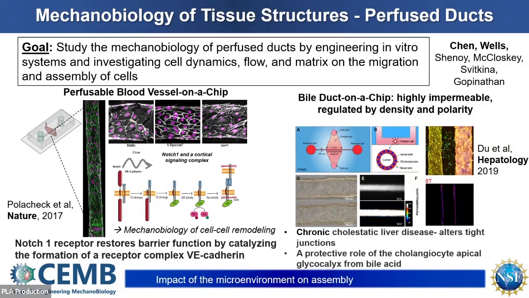And you also have to achieve this polarity there, apical basal polarity in that vessel to have this protective role, really. And that was seen when they passed bile acid through there. So the glycocalyx was identified as providing that protective barrier. And so again, very neat systems there.